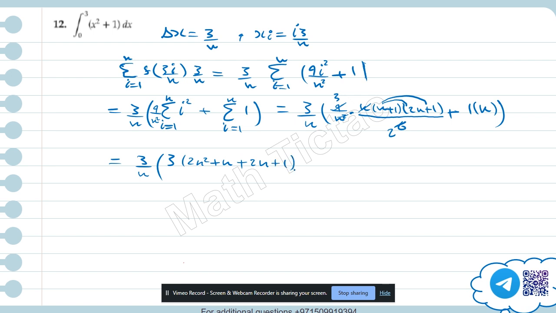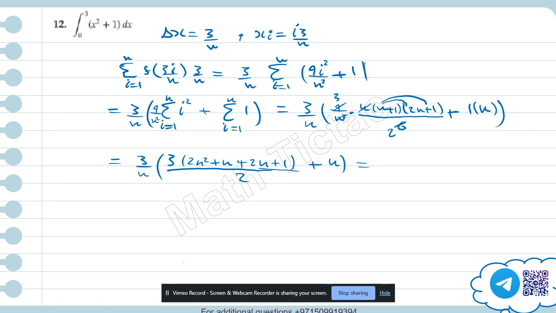Now we can make the denominators the same over here. So this is going to be equal to what? So in here 3 over n first of all.